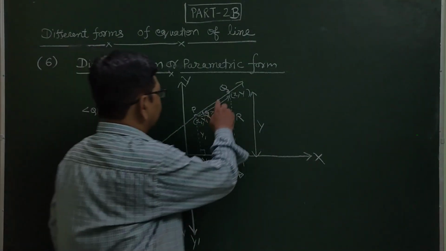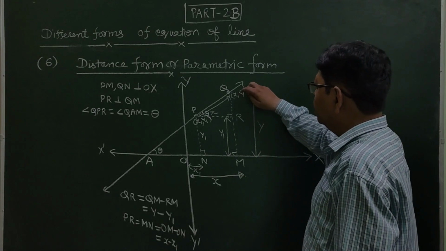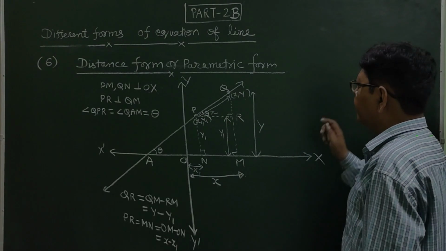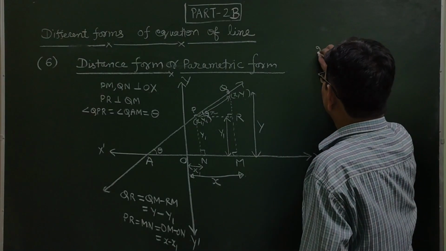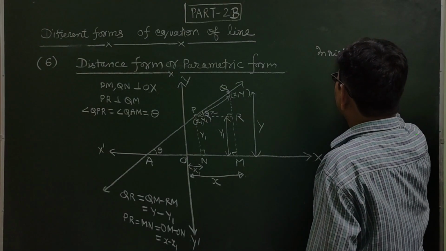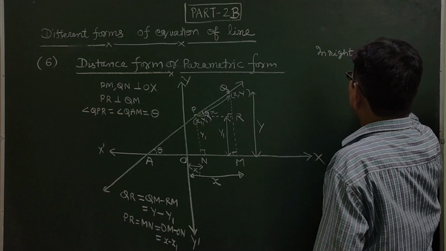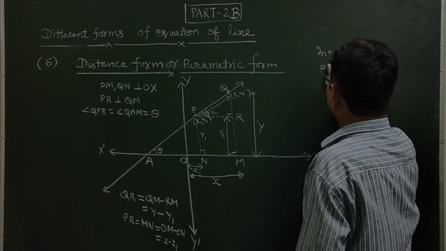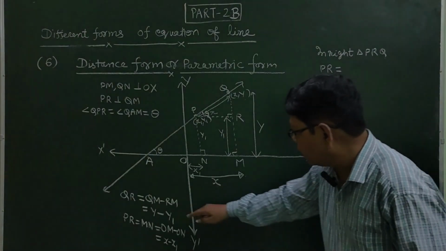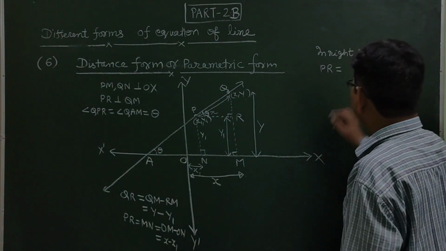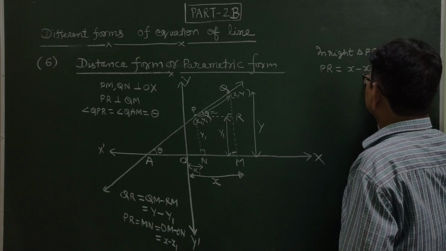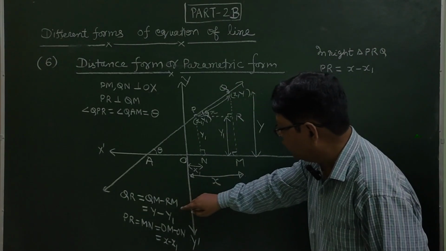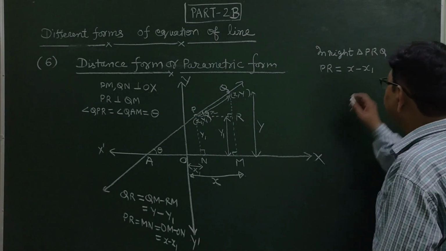So now in this triangle we have got the sides QR and PR. So in right triangle PRQ, we have got the two values, that is PR is equal to x minus x1, and QR is equal to y minus y1.